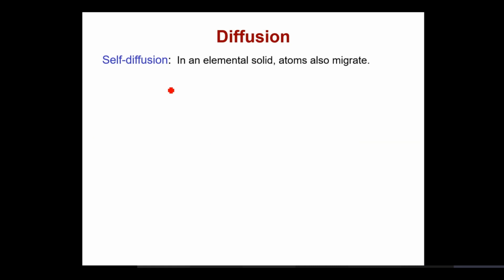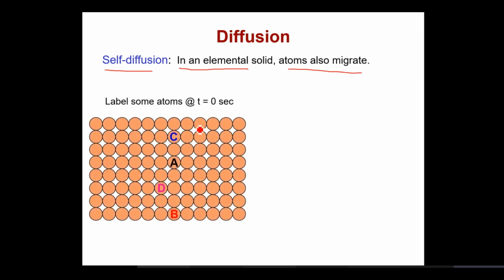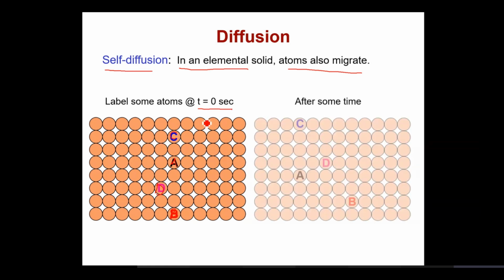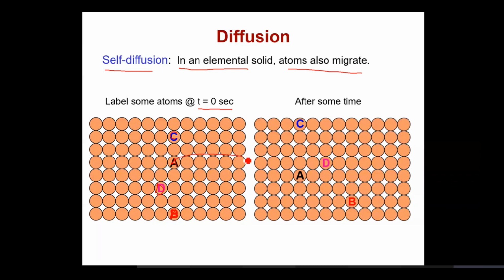Now, before we look into the mechanism, let us get ourselves familiar with the term self-diffusion. Self-diffusion, in an elemental solid, atoms also migrate. For example, you have this structure over here shown to you in which you have highlighted atoms A, B, C, and D at time t equals to 0. Let's say after some time, what you would see is that A has actually moved to a new position.